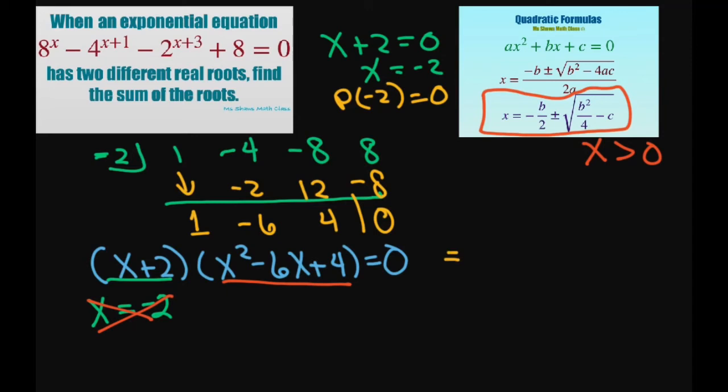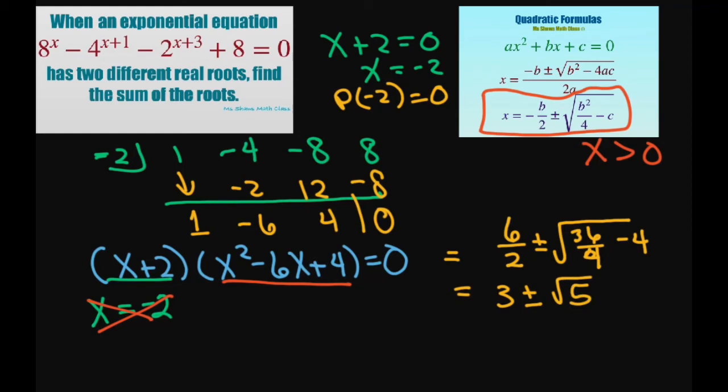We get negative b, so that's 6 divided by 2, plus or minus the square root of b squared, that's 36 divided by 4, minus c. So this is going to end up being 3 plus or minus the square root of 5. Both of these are positive, since 3 minus the square root of 5 is also positive.